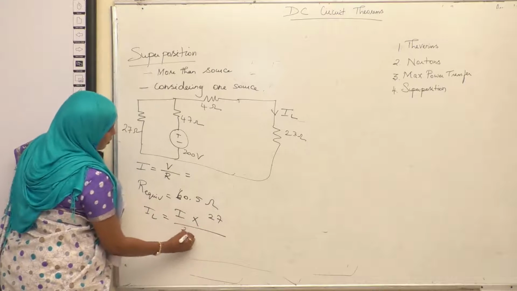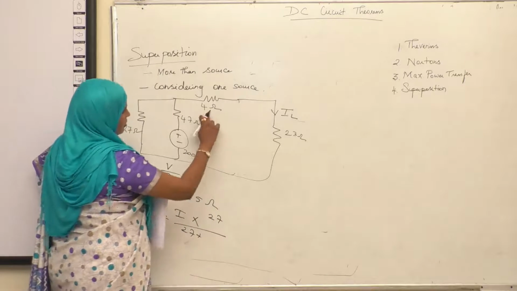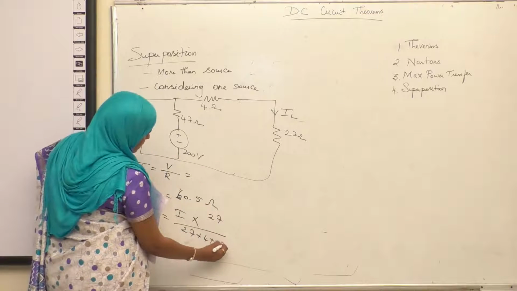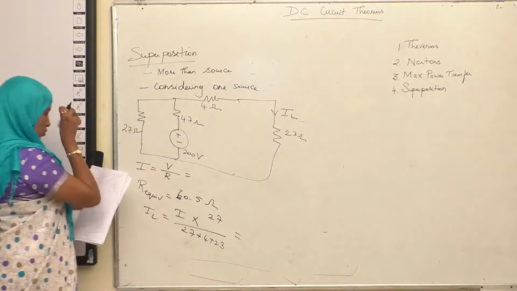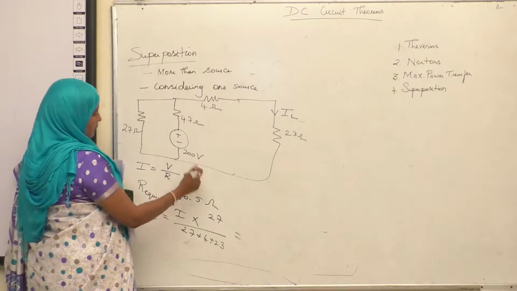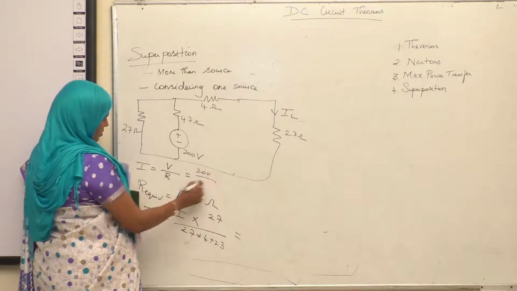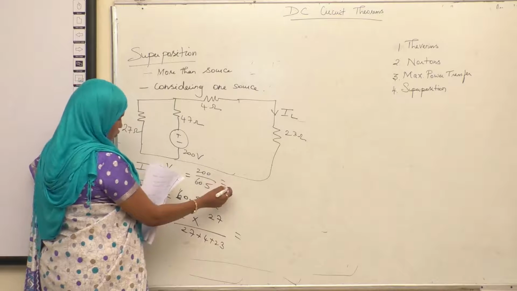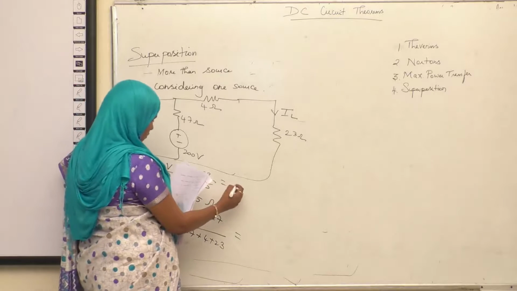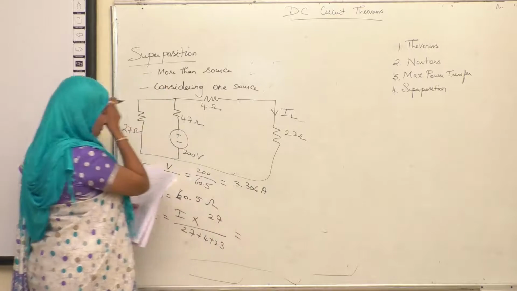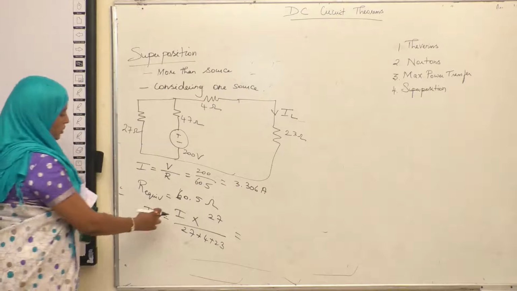Divided by 27 plus, these two are in series, so you add these two, 4 plus 23. So what is your I? I is V by R. Total voltage is 200. Equivalent resistance is 60.5. So when you solve this, you get a current of 3.306 ampere. Right? So that is your total current.